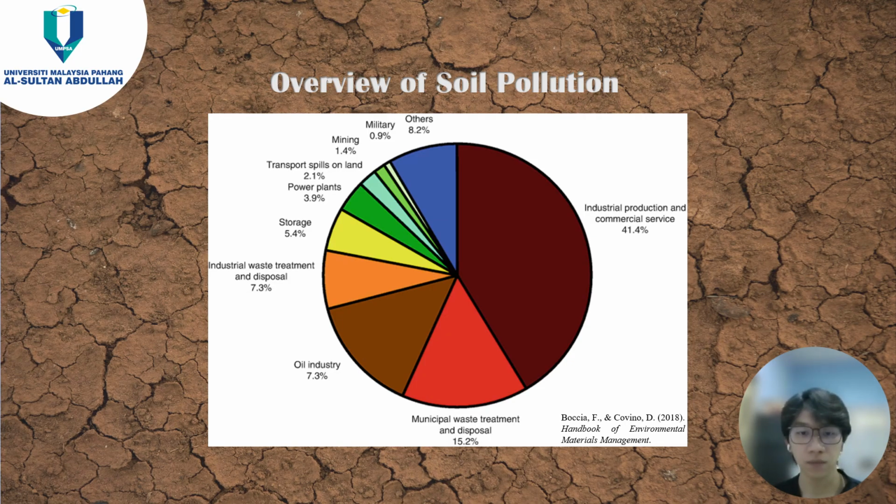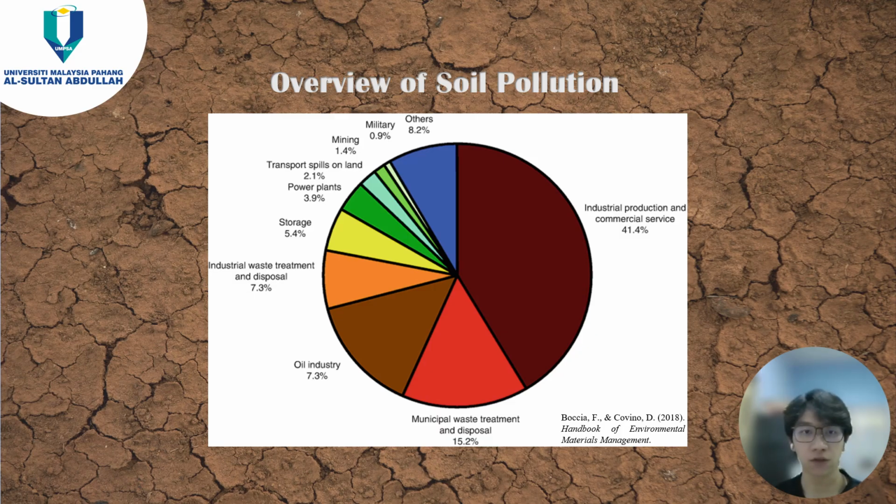The chart is from Handbook of Environmental Materials Management. It shows the sources of soil pollution. 8.2% of the soil pollution come from others, 0.9% come from military, 1.4% come from mining, 2.1% come from transport spills on land, 3.9% come from power plants, 5.4% come from storage, 7.3% come from industrial waste treatment and disposal, 7.3% come from oil industry, 15.2% come from municipal waste treatment and disposal.